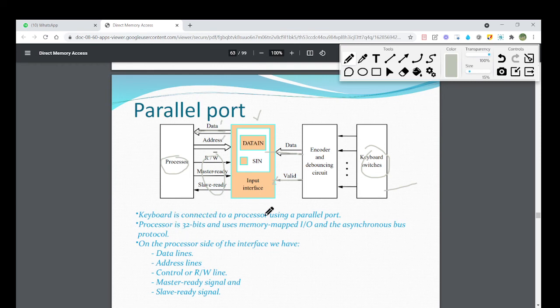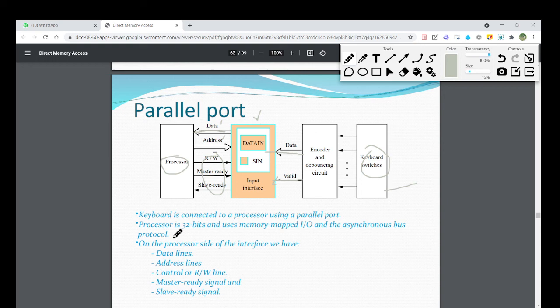Let us see the explanation which is given here. The keyboard is connected to the processor using a parallel port. The processor is 32-bit and uses memory mapped I/O and an asynchronous bus protocol. Memory mapped I/O means even the I/O devices are considered as memory.